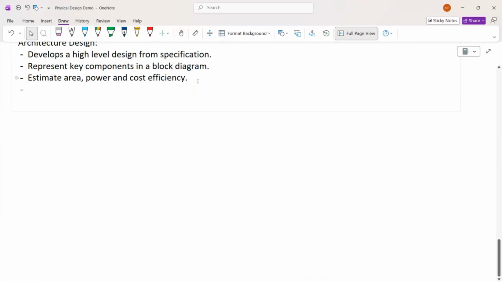The next is RTL design, where the idea gets converted into logic.